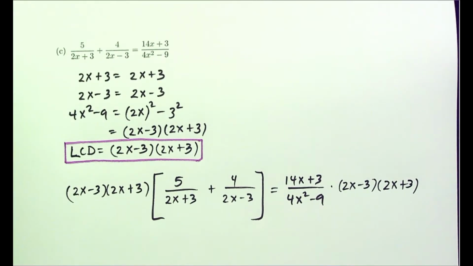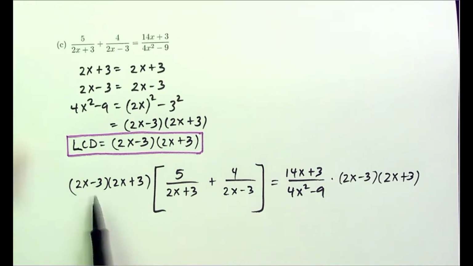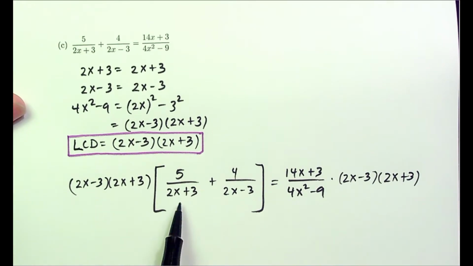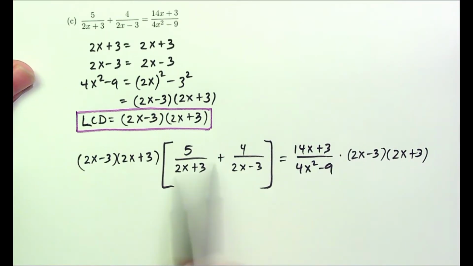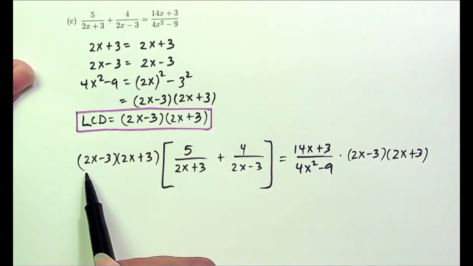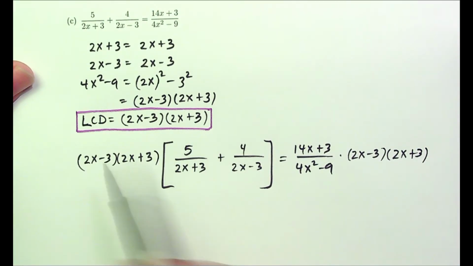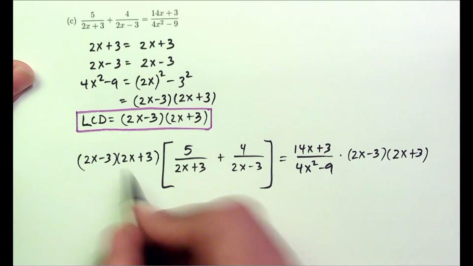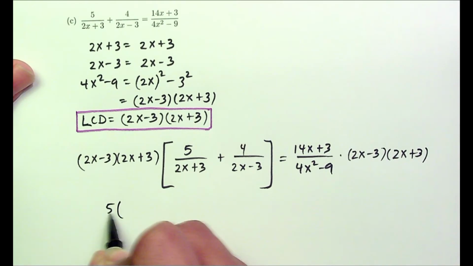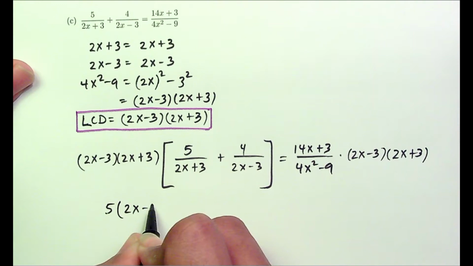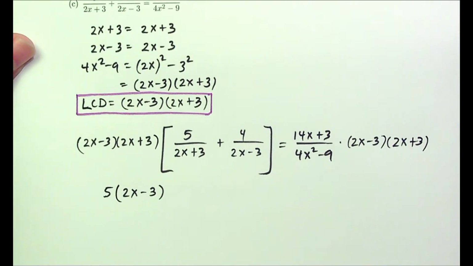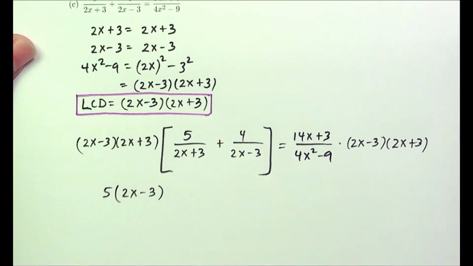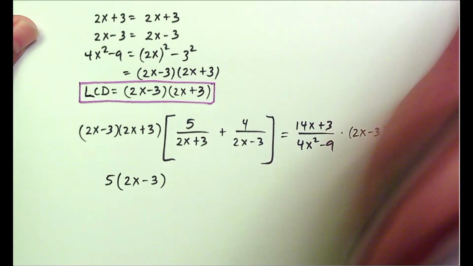Now we're going to distribute this. If I multiply this by that, note that the 2x plus 3 would cancel, and you would be left with the 2x minus 3 and the 5. So distributing, that's what you get for the first one. You get the 5 and the 2x minus 3 left after canceling. And you're going to have to do that visually because you don't want to mess that up.